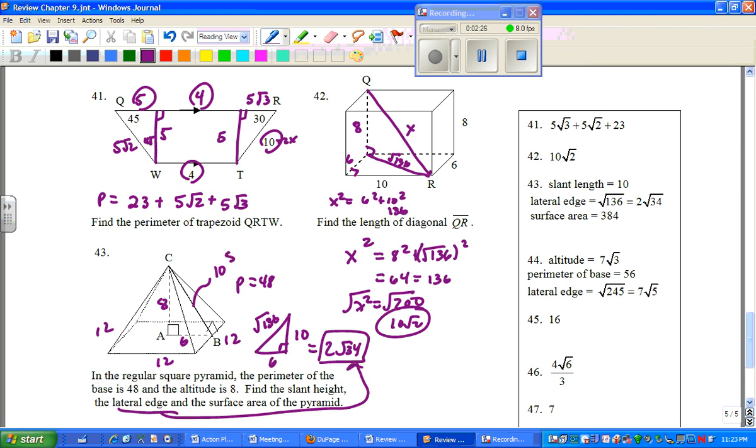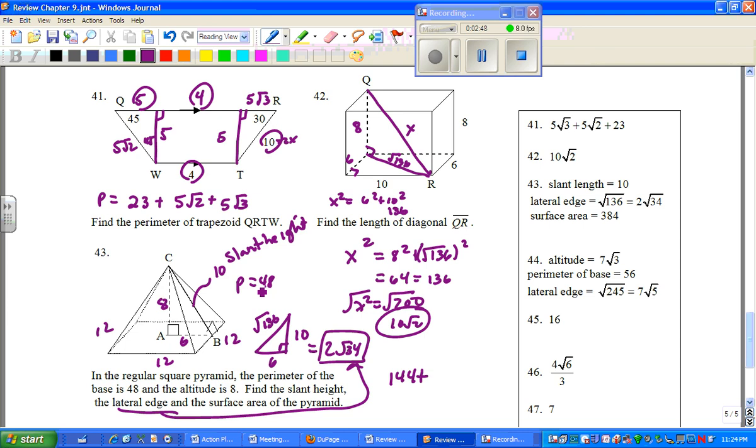And right there, this is the slant height. And then they want the surface area of the pyramid. The surface area is every single side, including the base. So the base is 144. And then, what do we know?